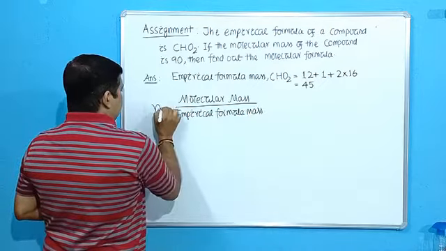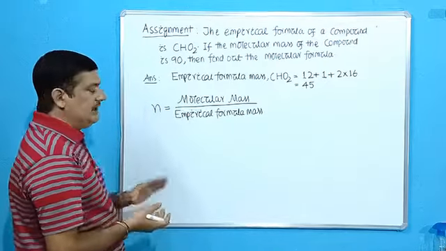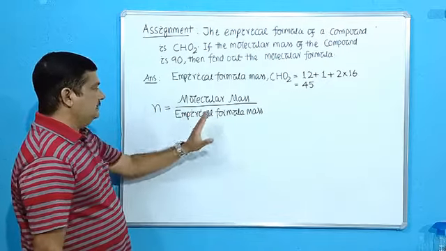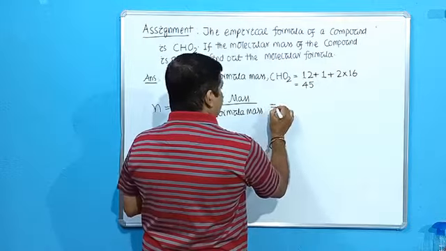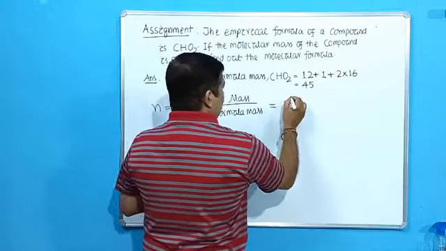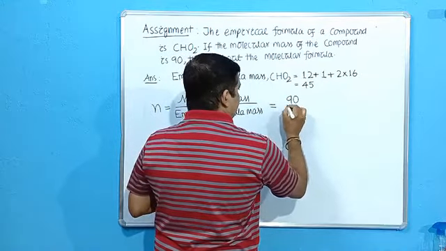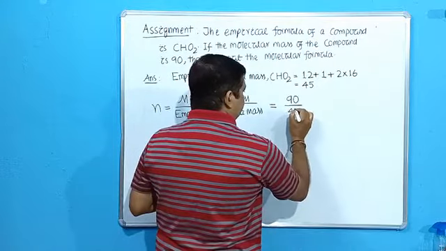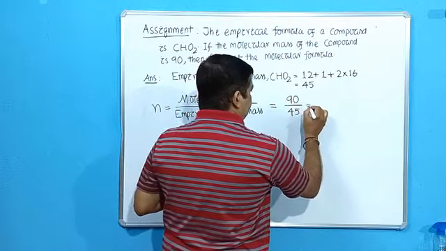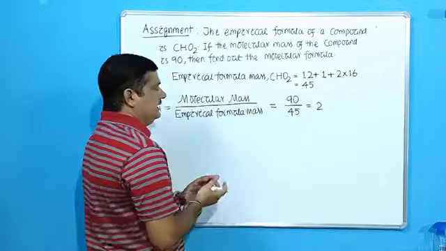We will get the value of n using this formula. What is the molecular mass given? The given molecular mass is 90, and we have calculated the empirical formula mass, that is 45. So 90 by 45 will give you 2, which is the value of n.